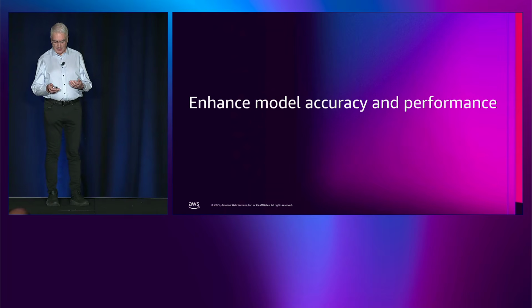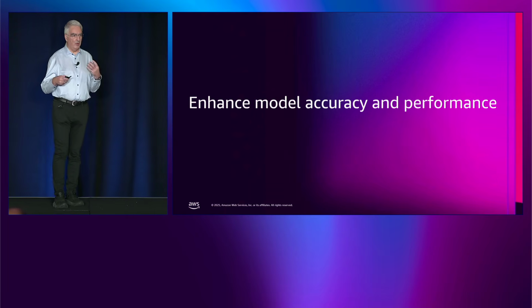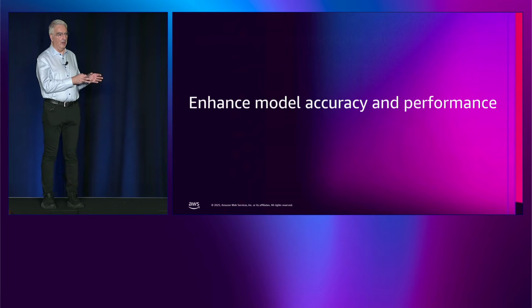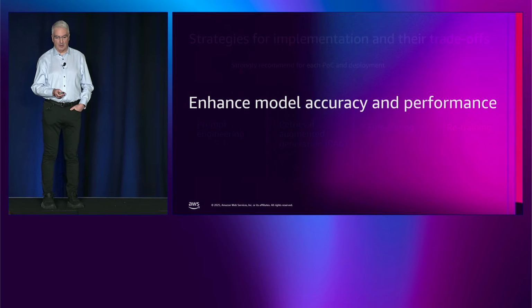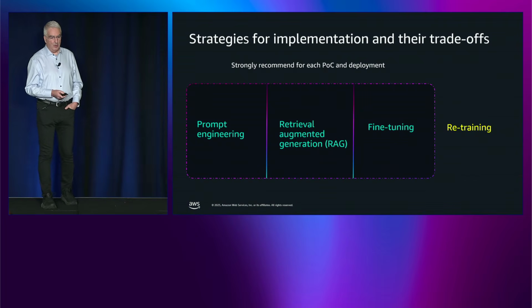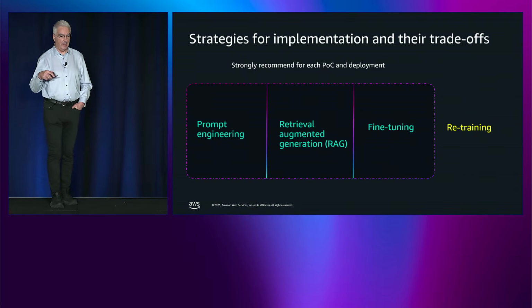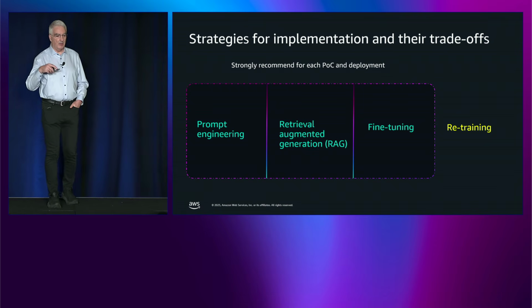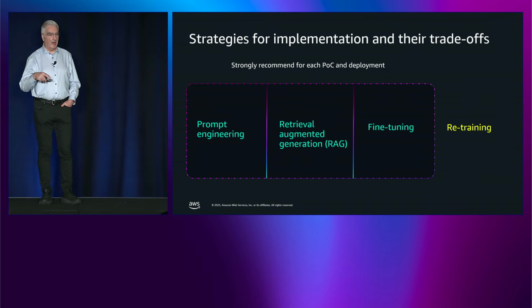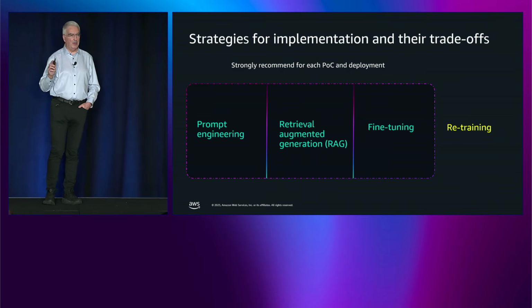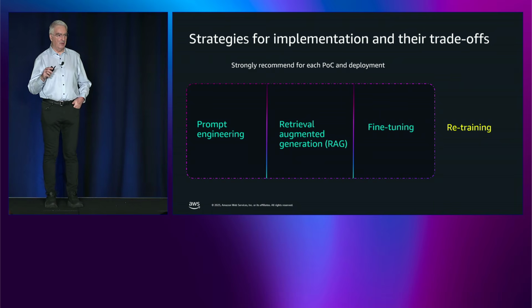The next set of slides goes through how we actually take a generic model and get it ready to provide really high levels of accuracy in operation. We strongly recommend that for all deployments, particularly at the edge, you consider prompt engineering, using a RAG database, and also optionally fine-tuning, because some models don't need fine-tuning for a particular task.